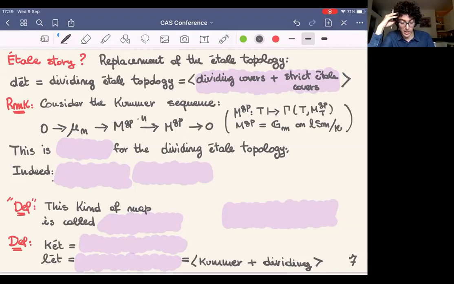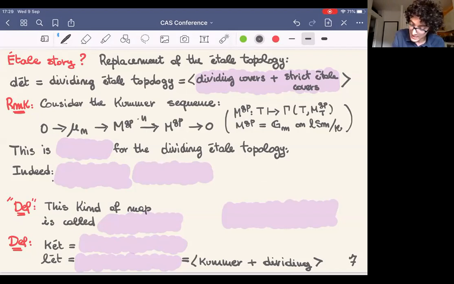So let me explain why. Let's consider the Kummer sequence in the log setting. Here you can consider the sheaf M^gp, which I wrote here on the right.